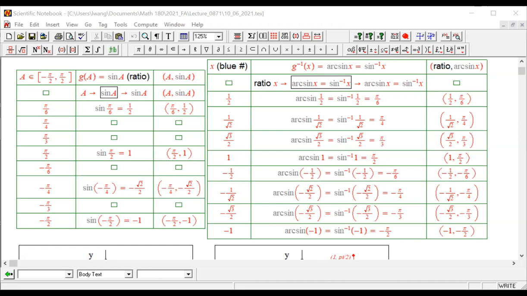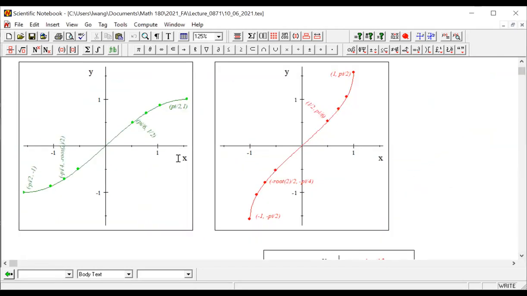Professor, can you show the graphs? Can you scroll down? Sure. You can see that pi over 6, one half, the green dot on the restricted sine, and on the arcsine is one half, comma, pi over 6. You can see that correspondence, right? Pi over 2, comma, 1 now becomes 1, comma, pi over 2.